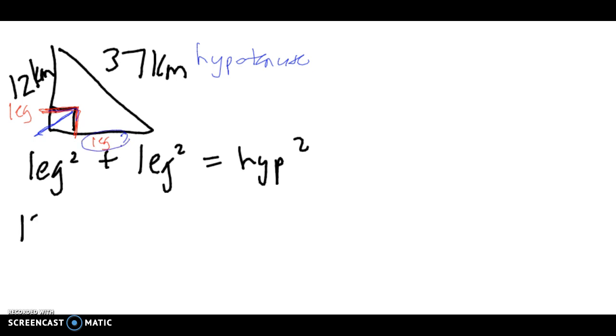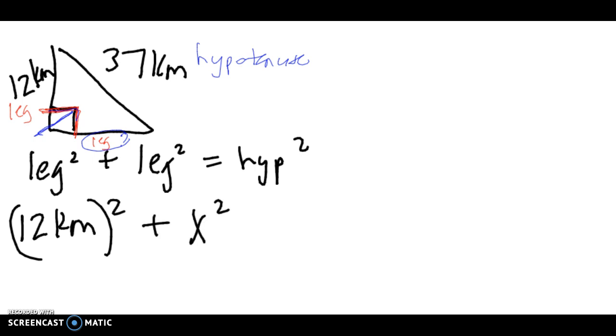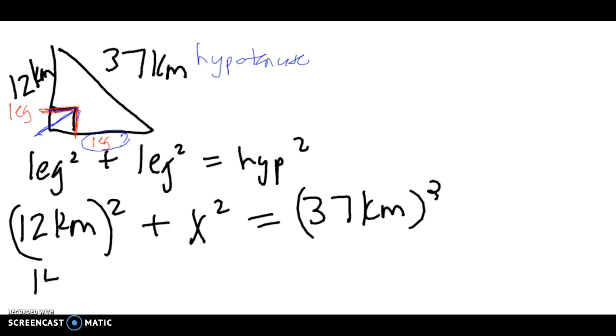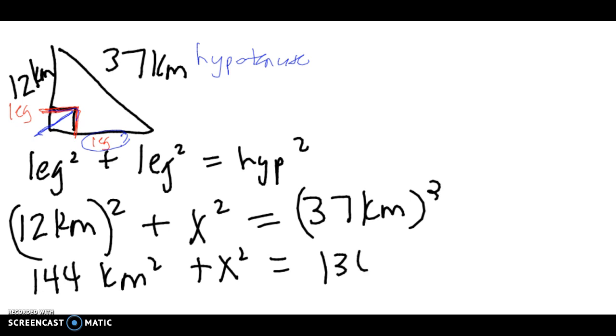One of the legs is 12 kilometers, not squared, excuse me, 12 kilometers, and then we want to square it, plus the missing leg squared, is going to equal the hypotenuse squared. 12 squared is 144, so we have 144 kilometers squared, plus x squared is going to equal 37 squared, which is 1,369 kilometers squared.